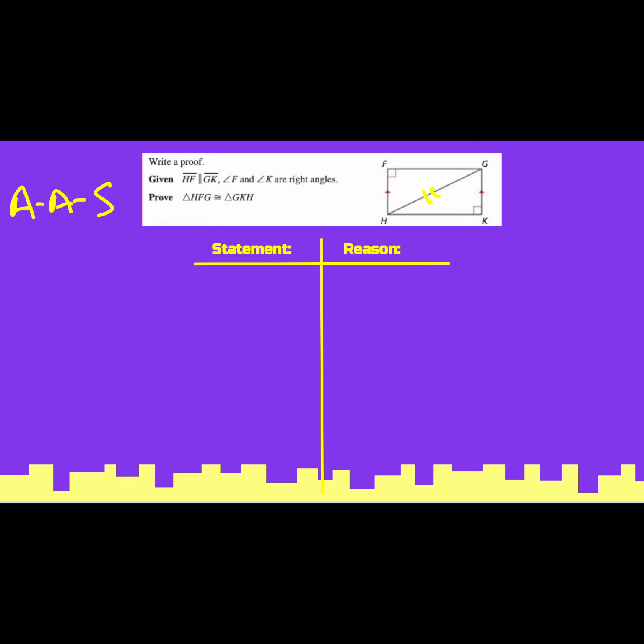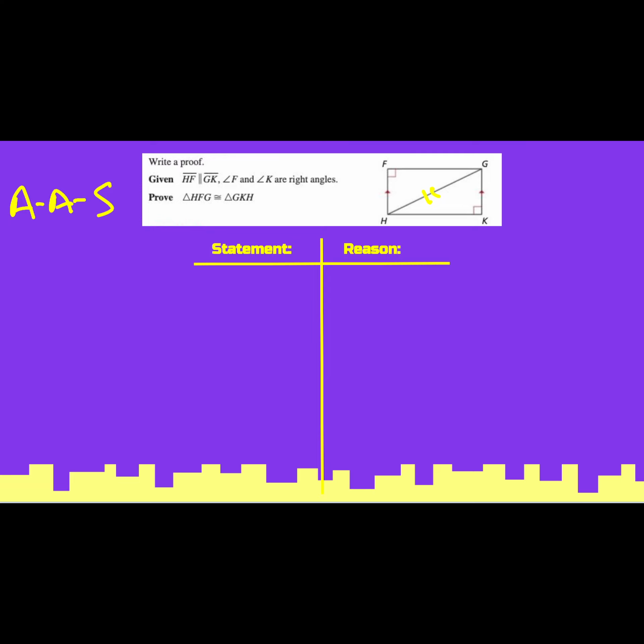Remember, for hypotenuse leg, first it has to be a right triangle. We need a congruent hypotenuse, which we have, but we also need congruent legs. The given tells us that FH and GK are parallel, but not that they're congruent. So we have no way of proving that any of the legs are congruent, and we cannot use the hypotenuse leg theorem.